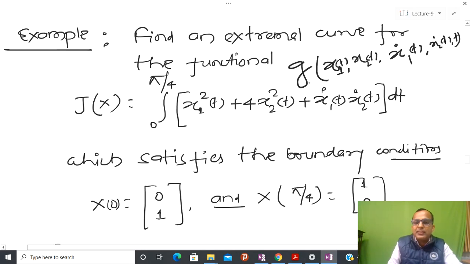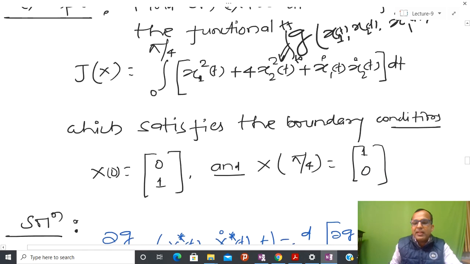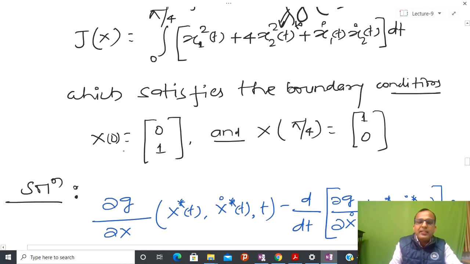So this is what I have, and again integration from t0 to tf. Here there is no explicit function of time. What is given to us is the initial time t0 and the final time tf, and you can see that the end state is also given. So the problem is very simple.